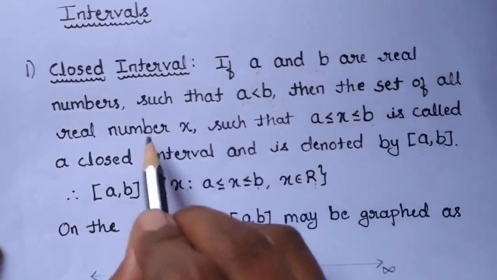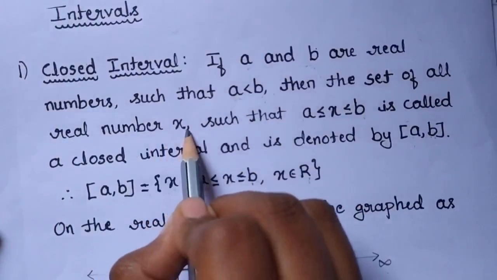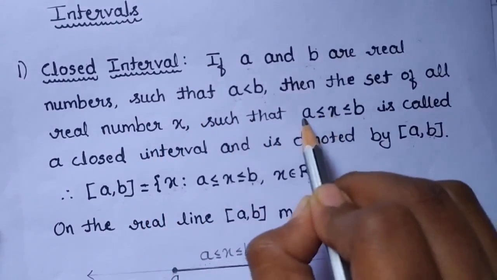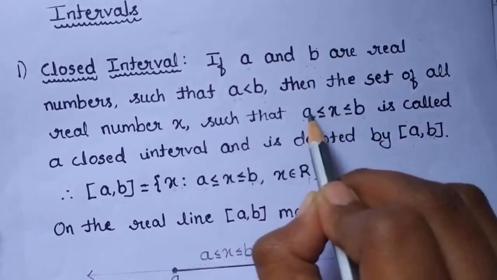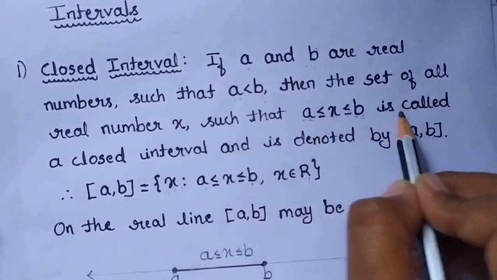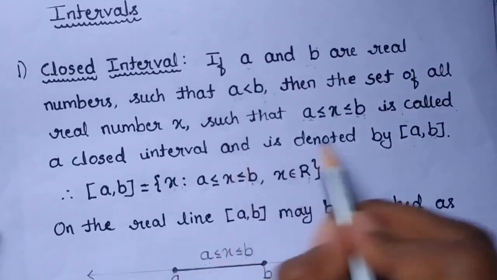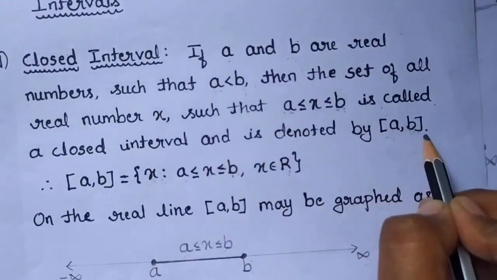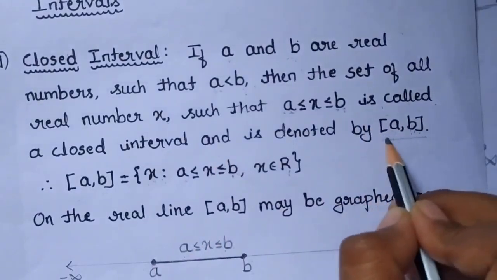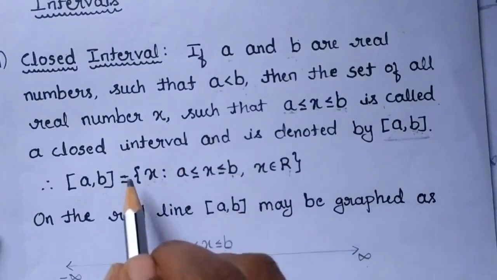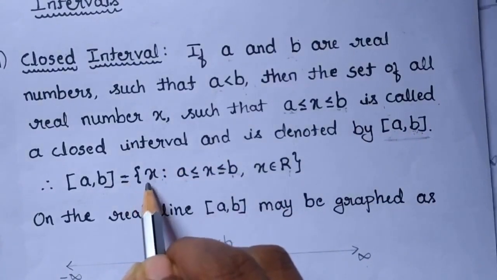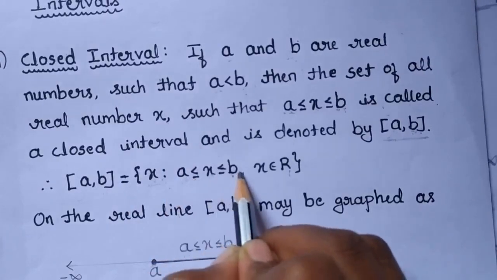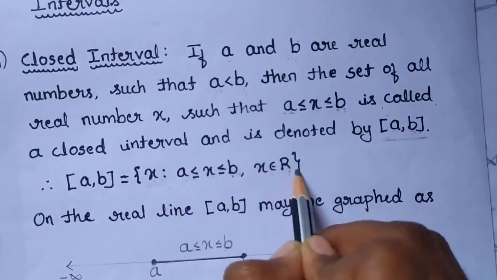Then the set of all real numbers x such that x is greater than or equal to a, less than or equal to b, a and b are also included, is called a closed interval and is denoted by square bracket a comma b. We read it as closed interval a comma b, and this is nothing but the set containing x such that x is greater than or equal to a, less than or equal to b, where x is a real number.